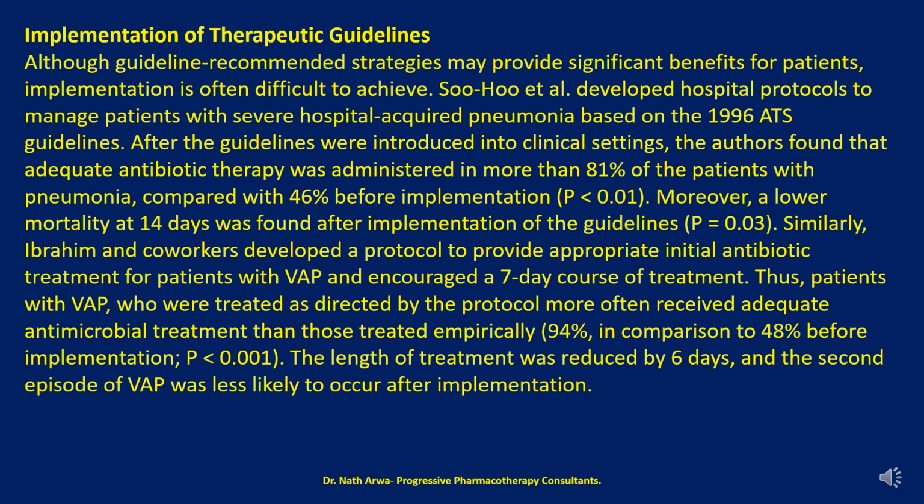After the guidelines were introduced into clinical settings, the authors found that adequate antibiotic therapy was administered in more than 81% of the patients with pneumonia, compared with 46% before implementation, with a p-value less than 0.01. Moreover, a lower mortality at 14 days was found after implementation of the guidelines, with a p-value equal to 0.03.